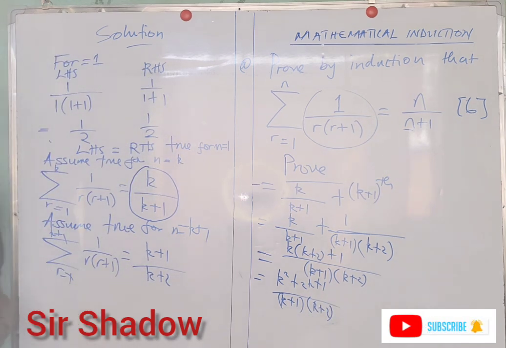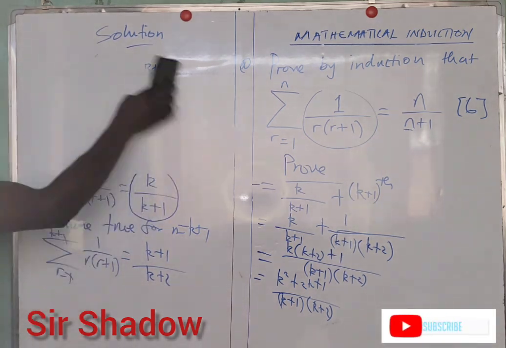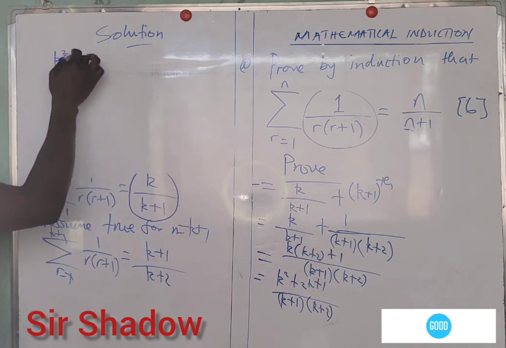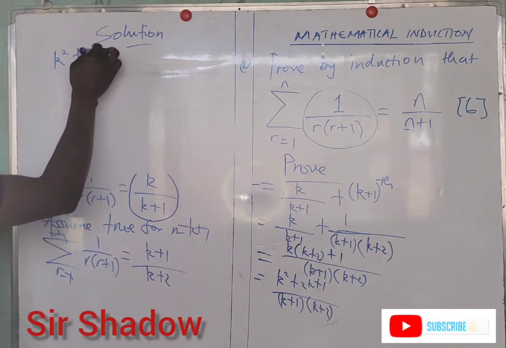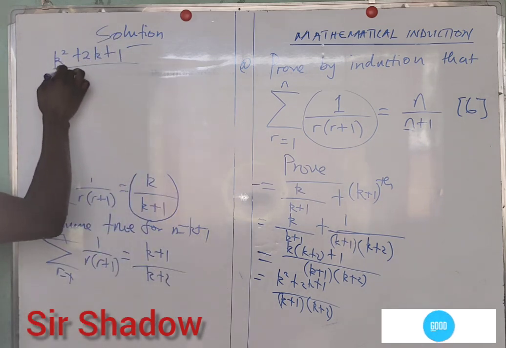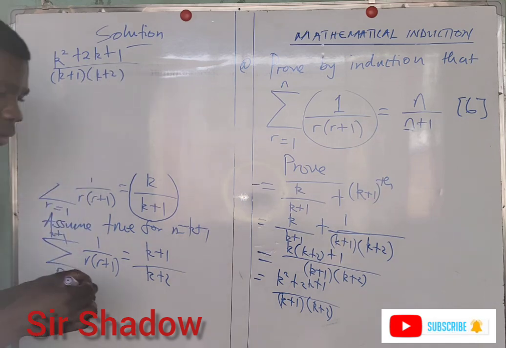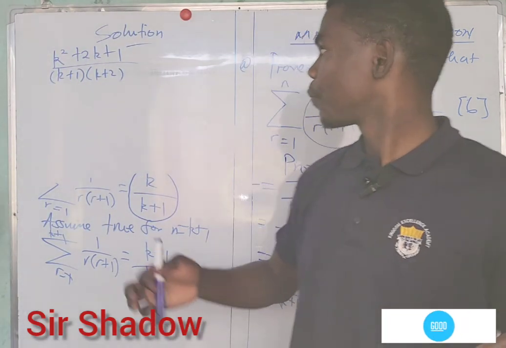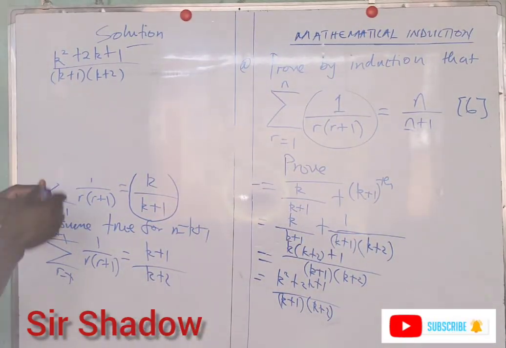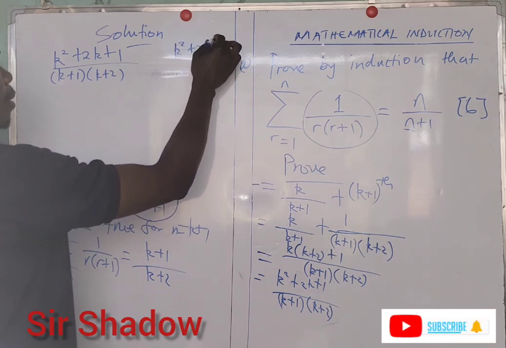So now we want to finish our question. We have k squared plus 2k plus 1 all over k plus 1, k plus 2. What we have to do at this stage is factorize the numerator. We have k squared plus 2k plus 1.